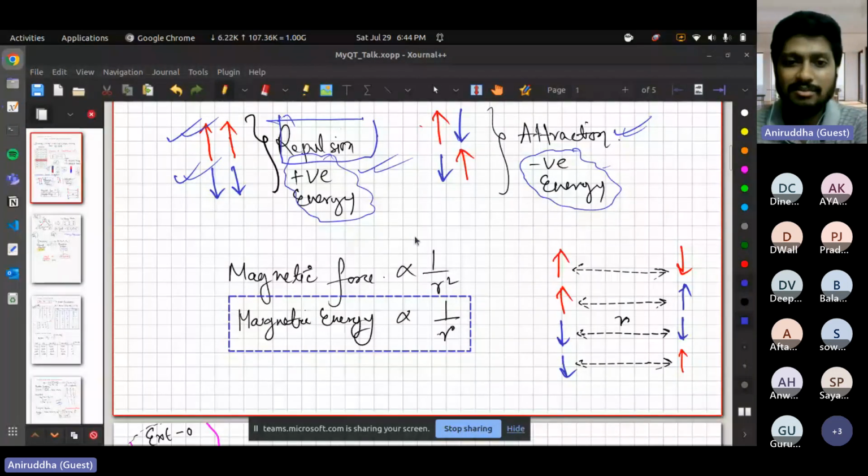You can see the mathematical expression of how the force varies like this, and the energy also varies in this form. Force is a vector quantity; it can be attractive or repulsive. I'll not be talking about the direction of the force because that is not something we want to talk about. Rather, we'll mostly talk about this one, that the energy varies as 1 by r.